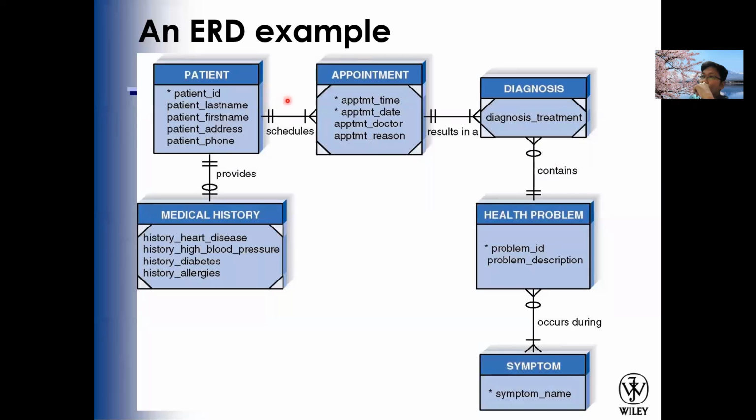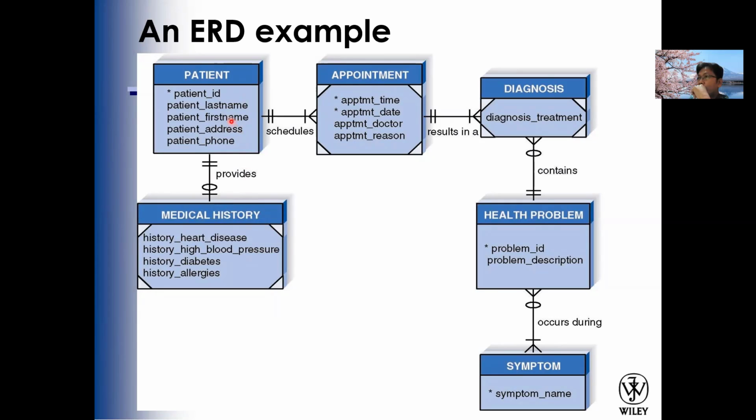This is the information about the verb. There is a patient, there is an appointment, there is a verb. Patient schedules appointment. Appointment results in a diagnosis. Diagnosis contains health problem. Health problem occurs during symptoms. Sorry. Patient provides medical history.